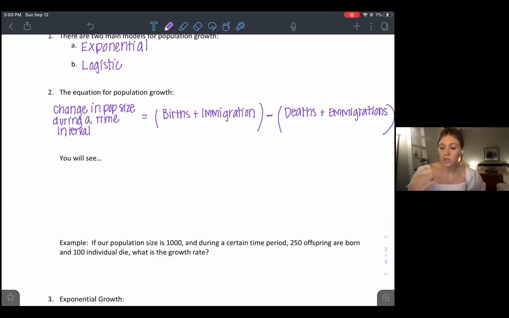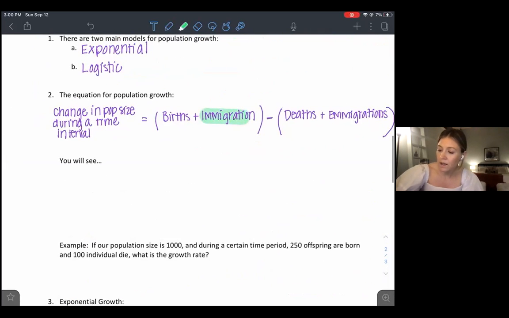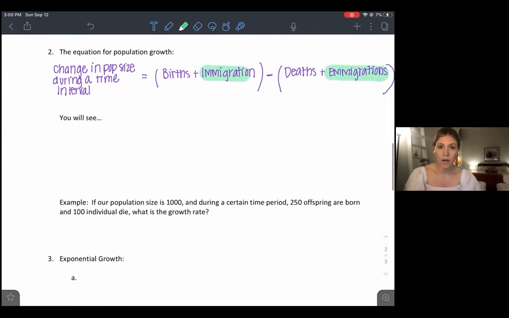Okay, so we should know immigration and emigration are not always included, but we are always going to include our number of births and our number of deaths. Okay. Now we have a couple of different ways that we're going to see that. Sometimes you can just do births minus deaths, but we're also going to see that in a few other ways.